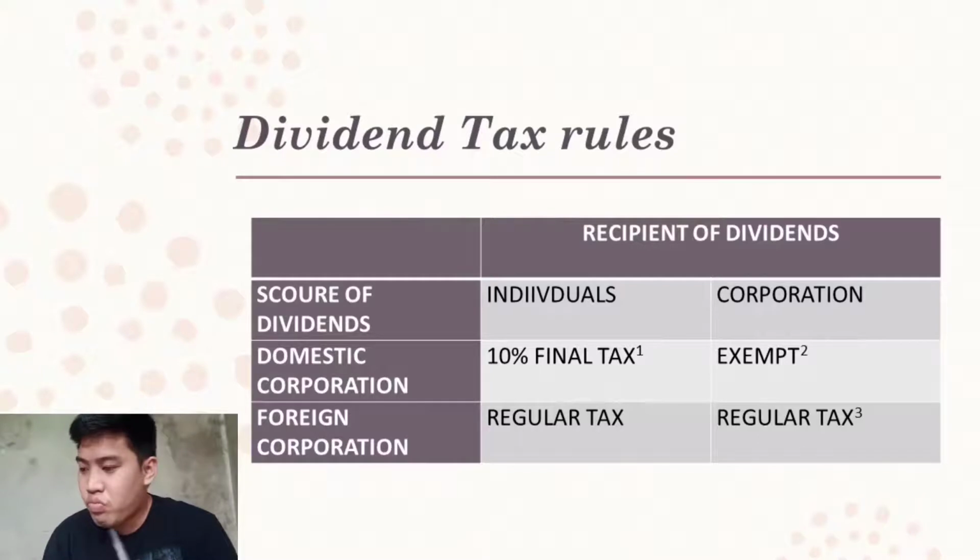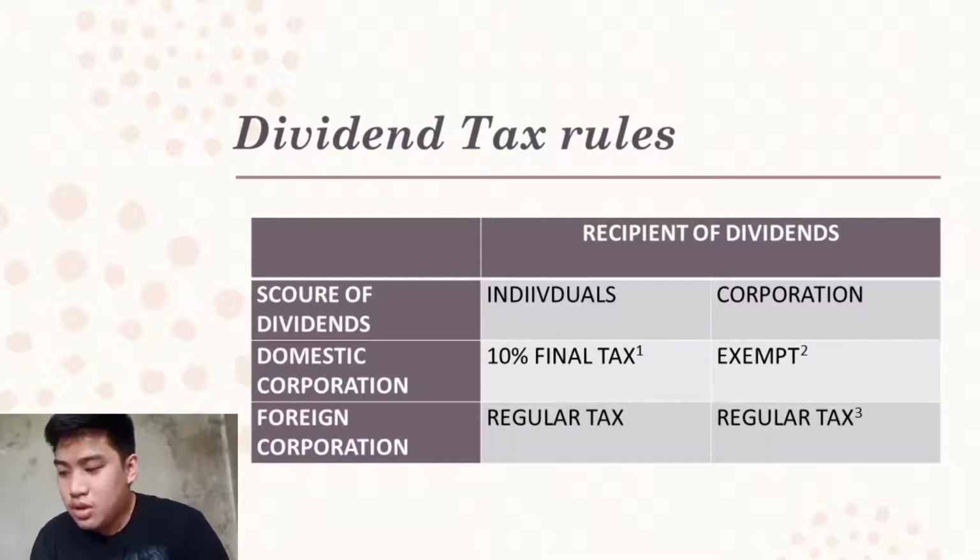Dividend income received from a domestic corporation is subject to 10% tax. Corporations are exempt. Dividend income received from a foreign corporation is subject to regular tax, both for individuals and corporations.